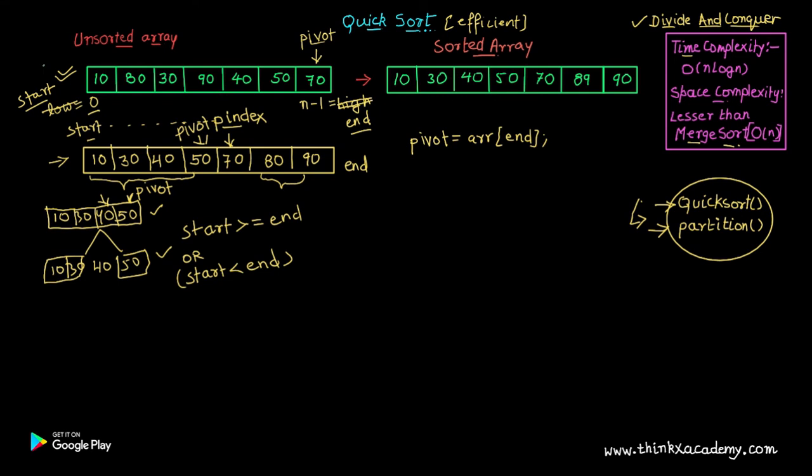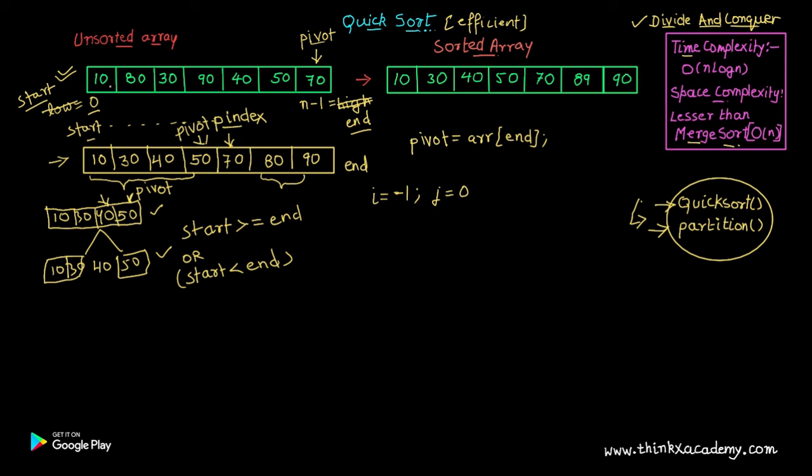So let's suppose initially i was equal to minus 1 and j was equal to low, which is 0. You can see that at the 0 position 10 is less than pivot. So you are going to swap the value at the i position with this j position.